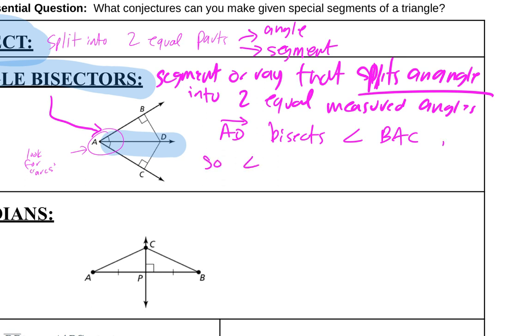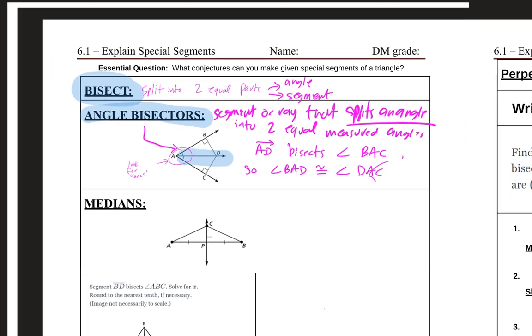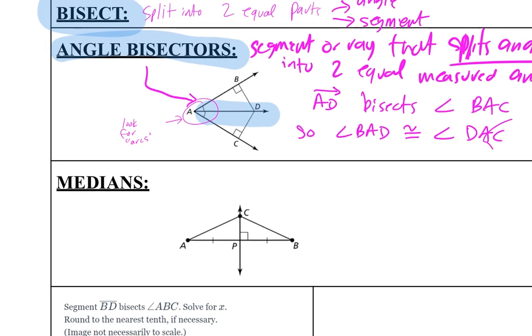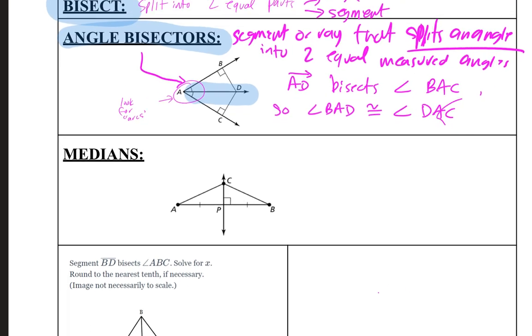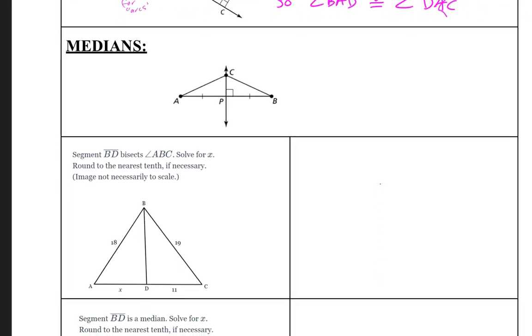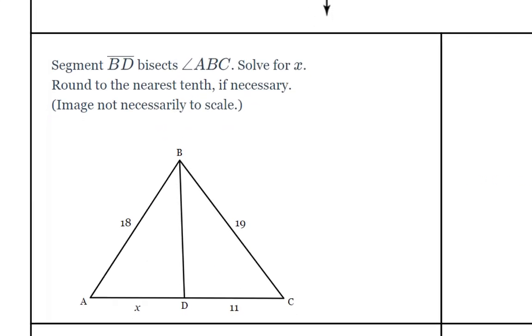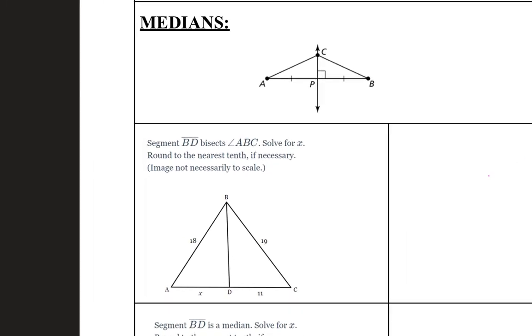So we'd say angle BAD is congruent with the other angle that it created, DAC. So that's what an angle bisector does: it's a segment or ray that splits that angle into two equal angles. All right, so let's get into an example of that to practice first before we go into a median.